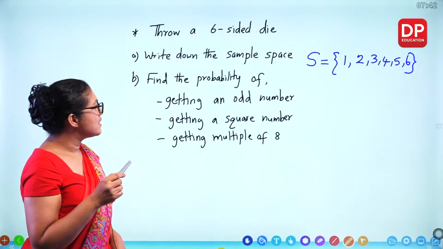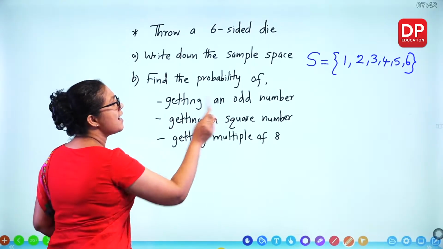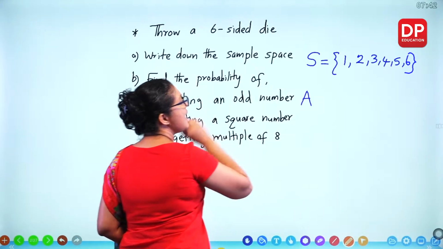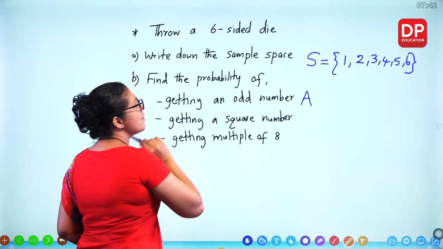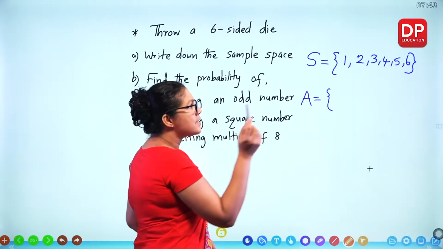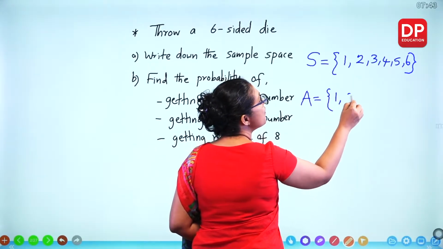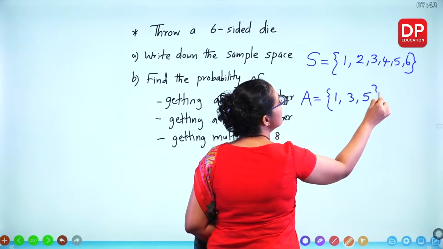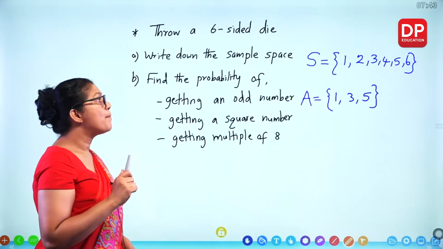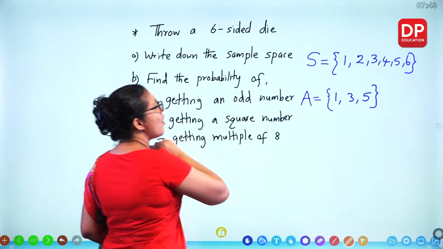Find the probability of getting an odd number. We'll say this is A. A is the set of getting odd numbers. What are the odd numbers here? 1, 3, 5. They are asking for the probability of getting an odd number.